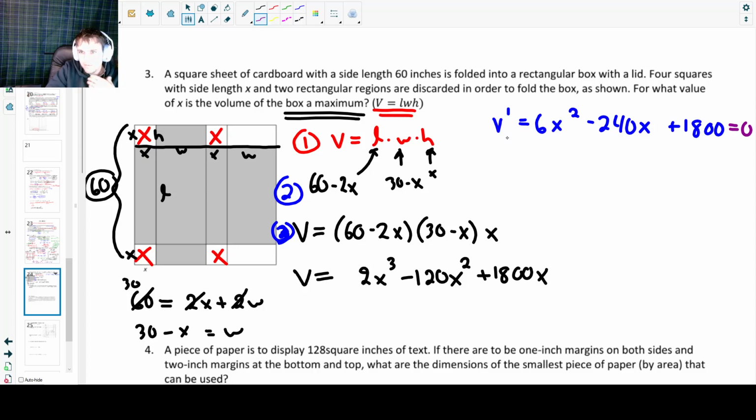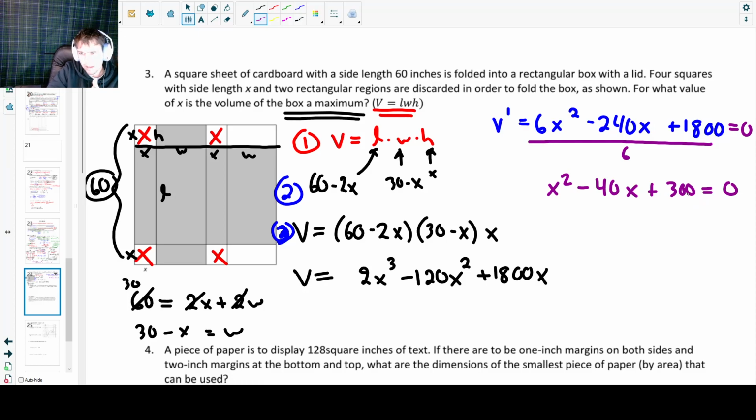Lots of options here. Everything here is divisible by 6, so we can reduce this down. 240 divided by 6 is 40x, and 1800 divided by 6 is 300. This is probably factorable.